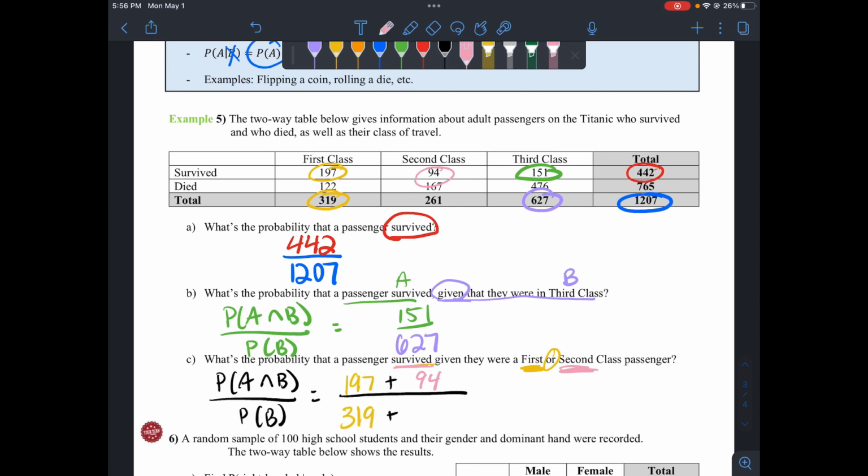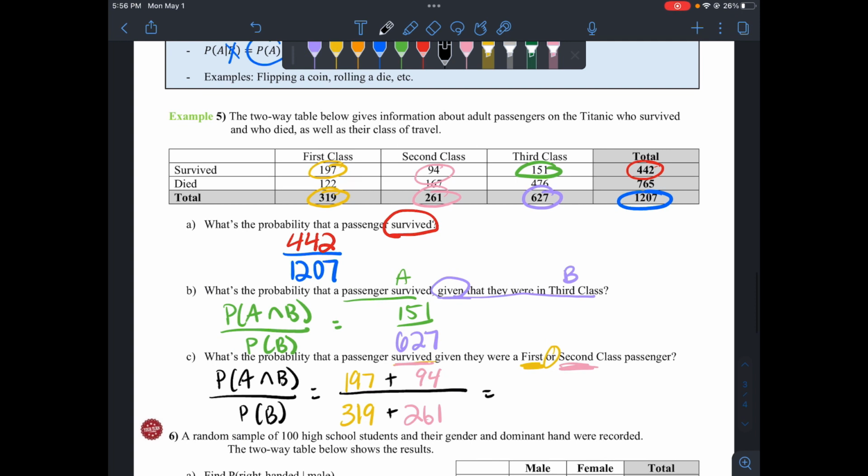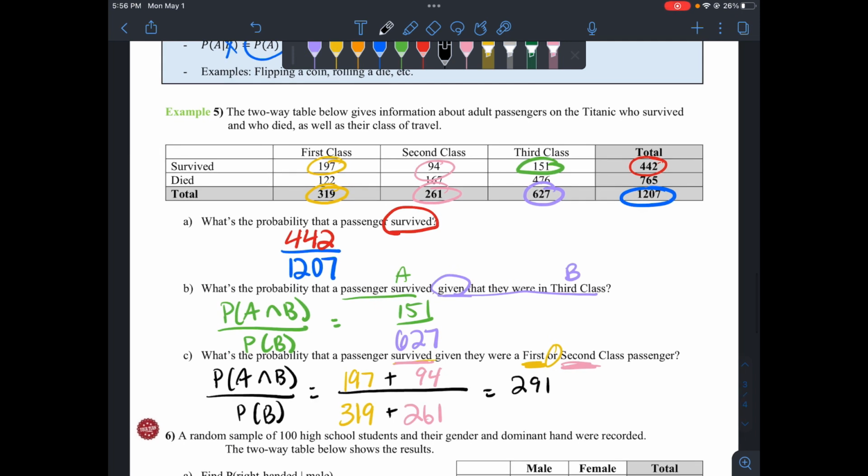And we're going to add it to how many were second class passengers, which is 261. All right, now if I add these together, I get 291 over 580. So you do have a conditional probability within having to find the probability of the or if they're mutually exclusive.